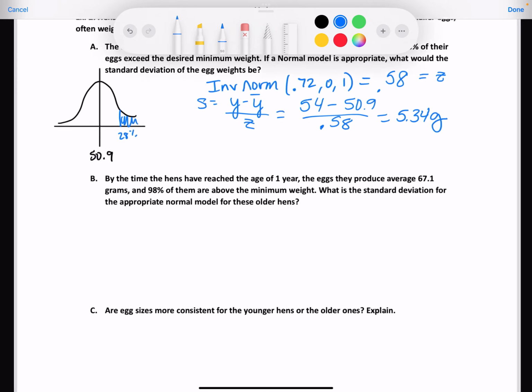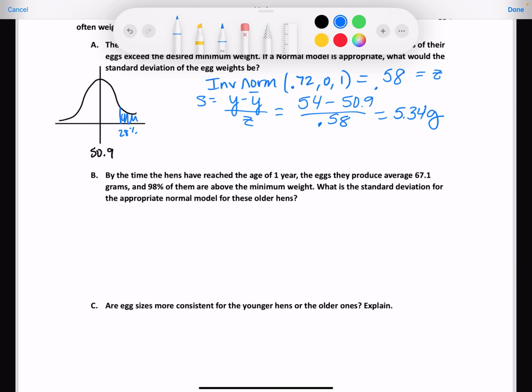So then by the time the hens have reached the age of 1 year, the eggs they produce average 67.1 grams, and 98% of them are above the minimum weight. What is the standard deviation for the appropriate normal model for these older hens? So we've got another model. 98% of them are above.